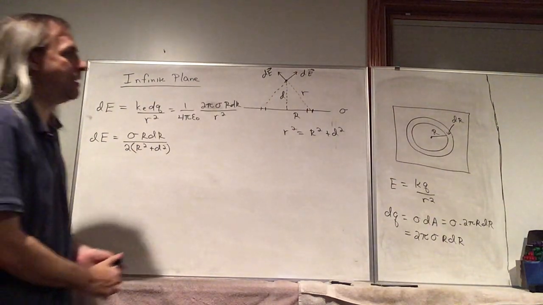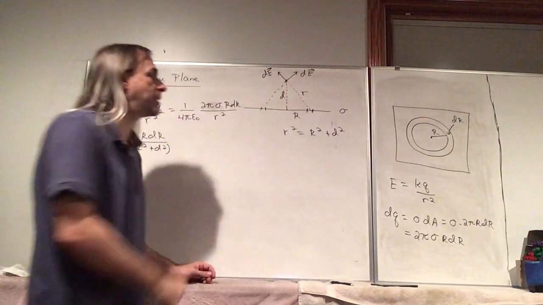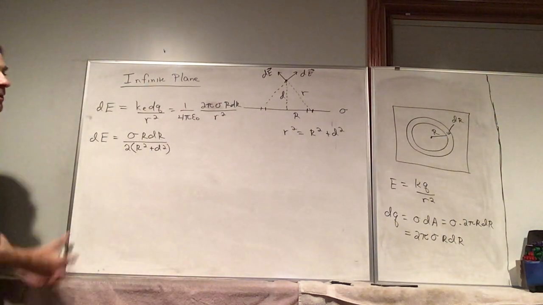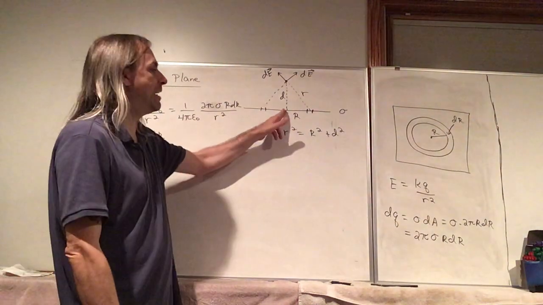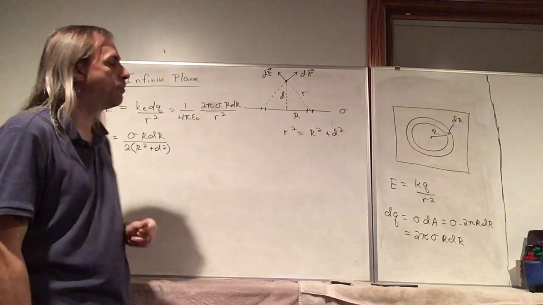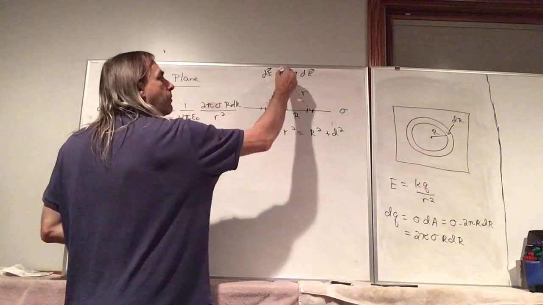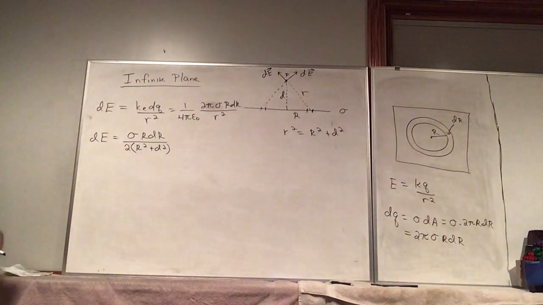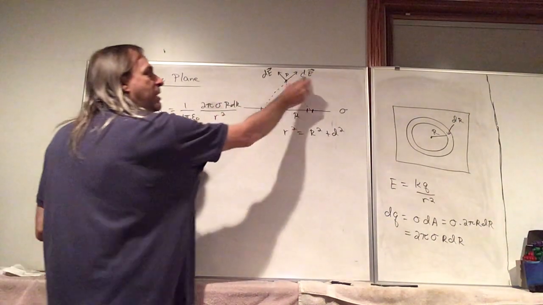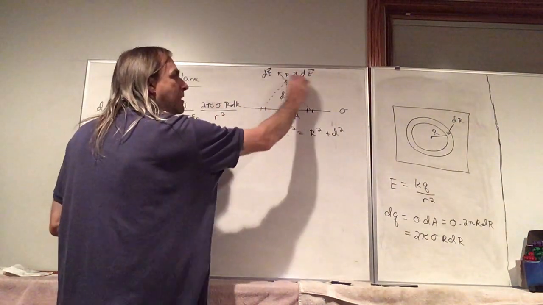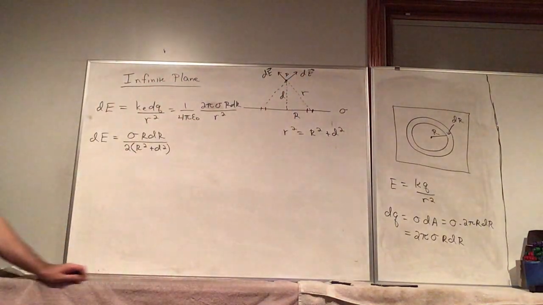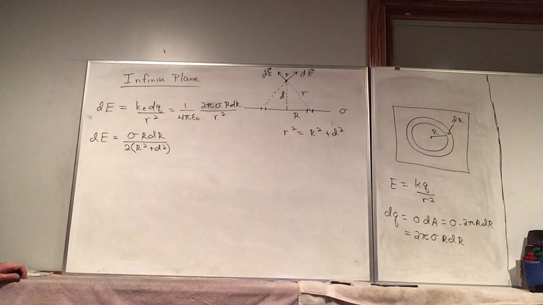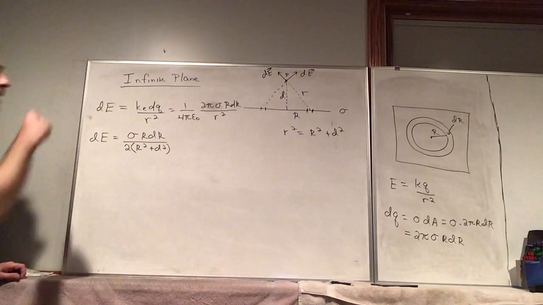However, because the magnitude is exactly the same, and we're dealing with a circle centered on the point directly below P, these angles are going to be the exact same. So if we add up these two vectors, the horizontal components are going to cancel out. So really what we want is dE.